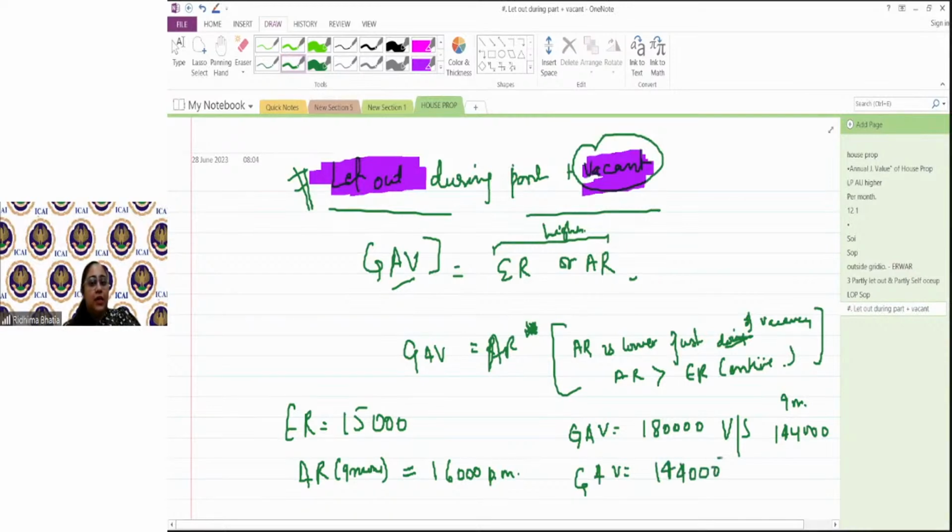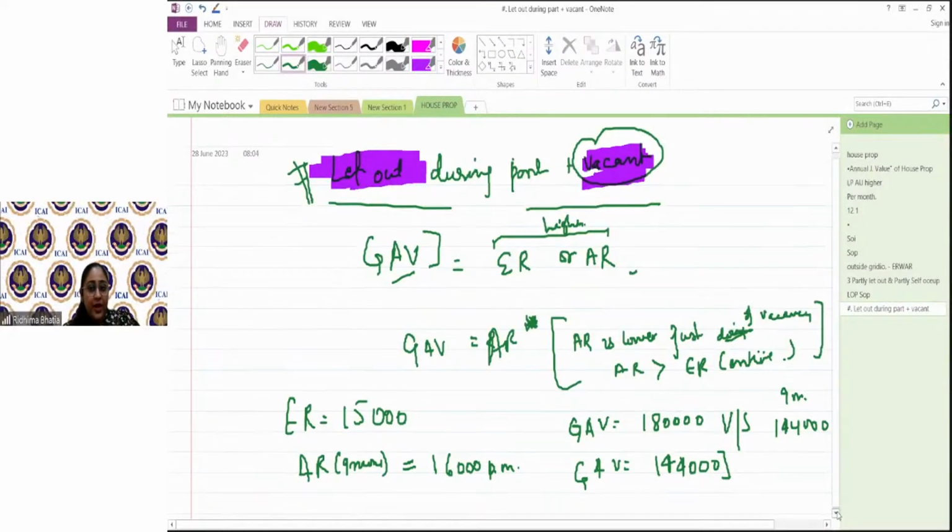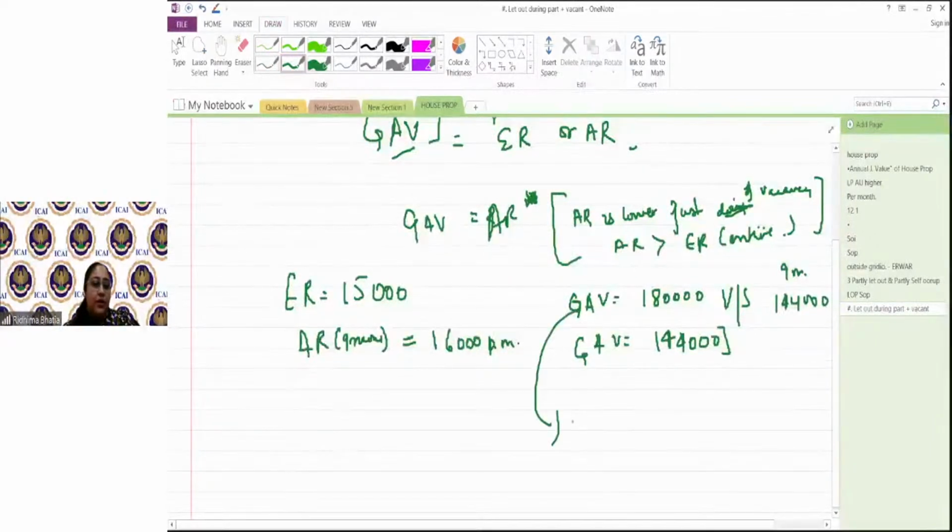Not directly. यहाँ पे आपको चेक लगाना है, that is you can take your gross annual value as actual rent for the let out period, provided अगर मैं actual rent for the entire year लेती, which is 16,000 into 12, if the property was let out for the entire year, then my GAV would have been actual rent, right?